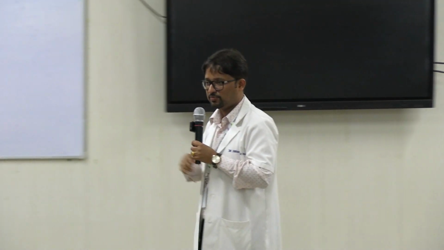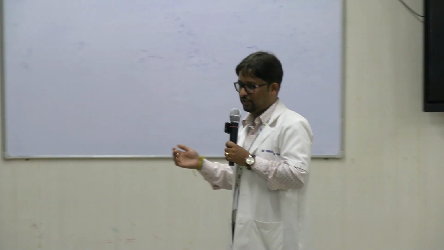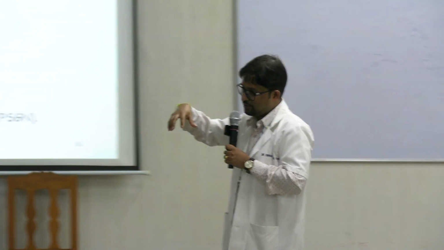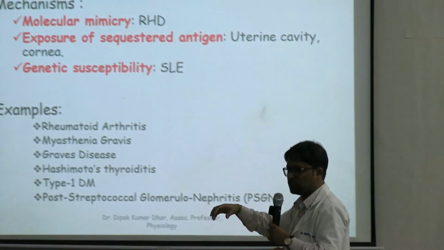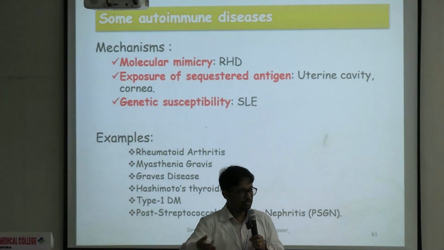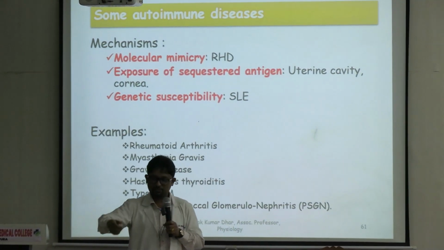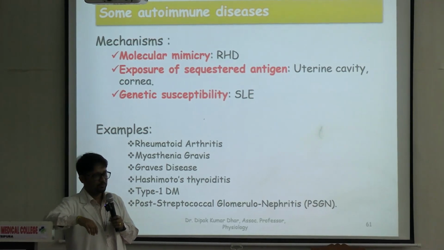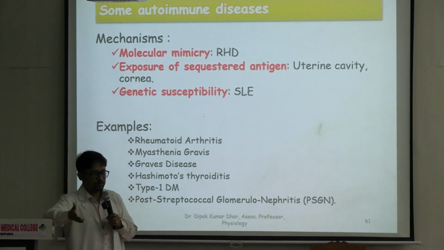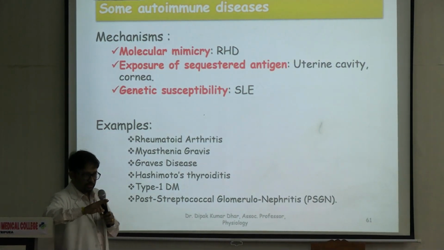One reason is this. The uterine cavity itself is an immunologically privileged site, because immune cells are not able to gain access to it. Because it is not exposed, that is the idea here.